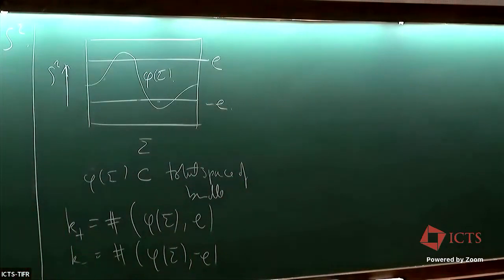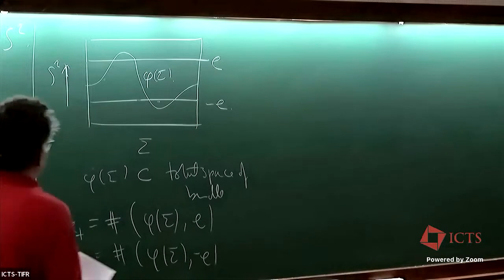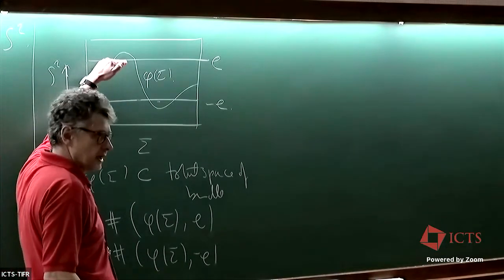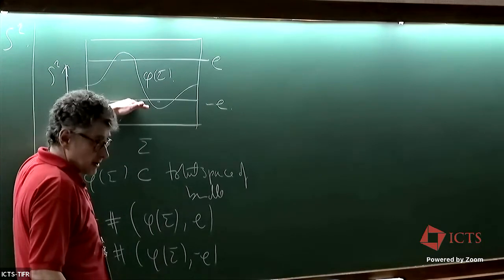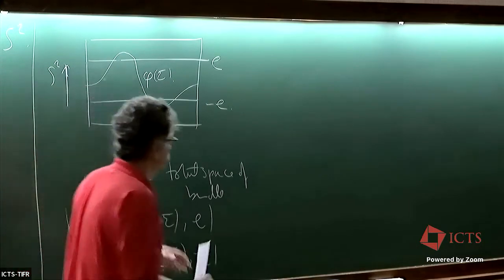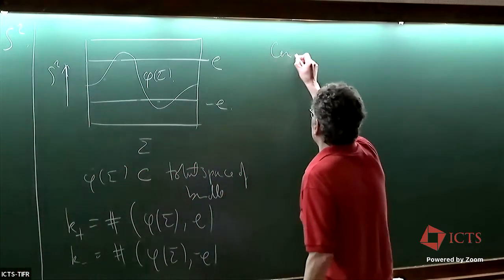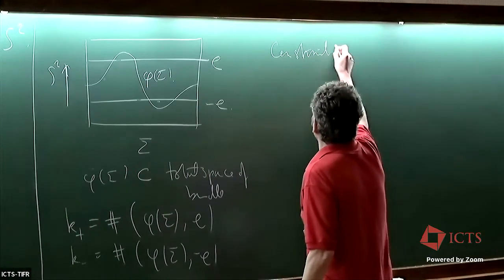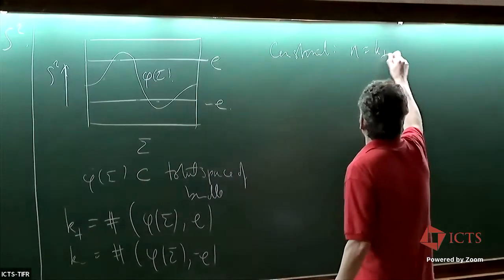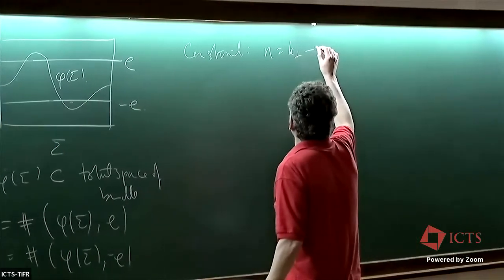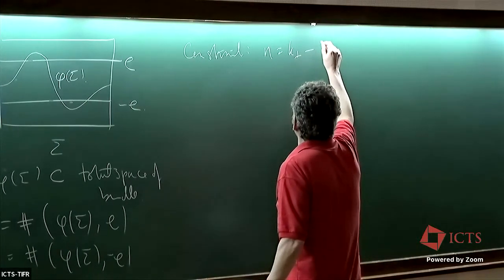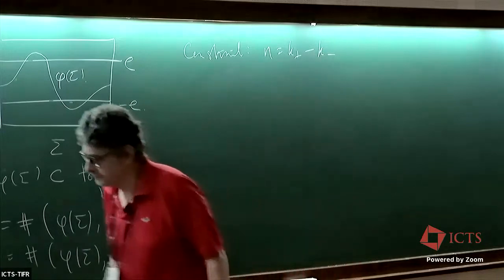If you wind around the equator n times, then the difference between the number of times you intersect the North Pole and the number of times you intersect the South Pole has to be n. The constraint: n equals k plus minus k minus, yes, that's right.